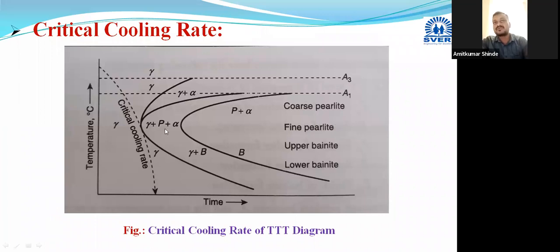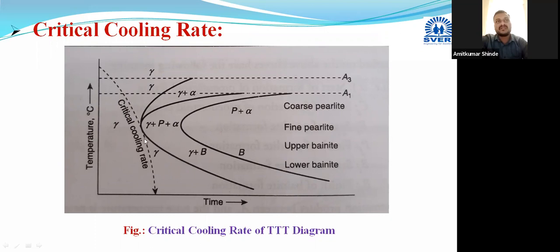We are not allowing it to form pearlite and bainite, which are formed by diffusion transformation, and we are suppressing it. Diffusionless transformation is occurring, hence martensite will be formed here. This is termed as critical cooling rate.